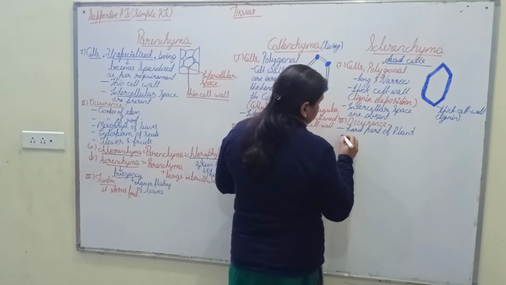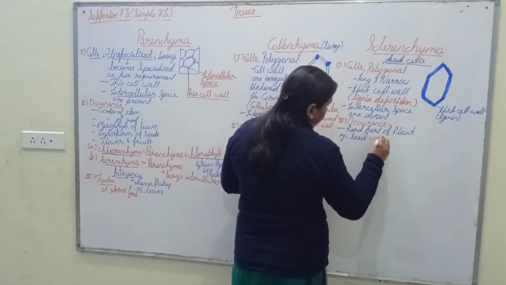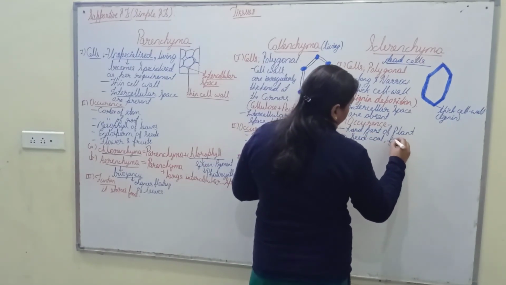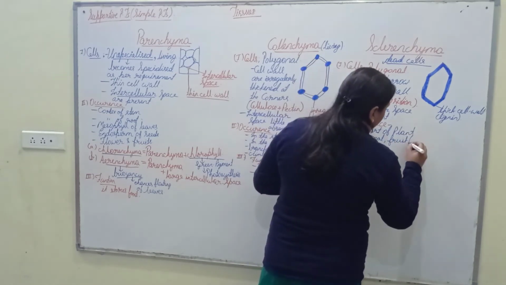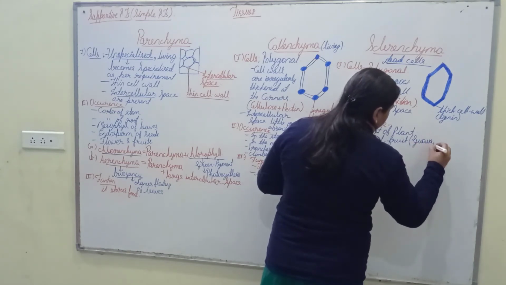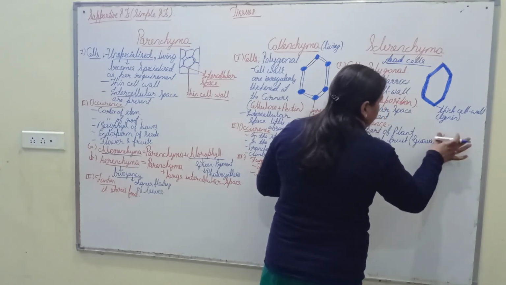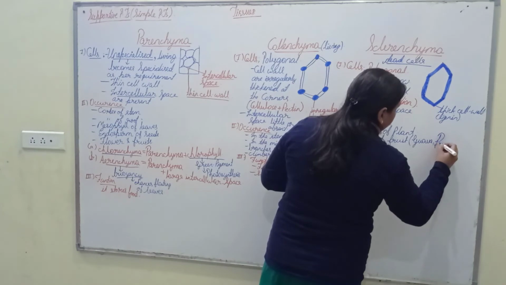Hard parts of plants like the seed coat, fruits like guava, apricot, pears.